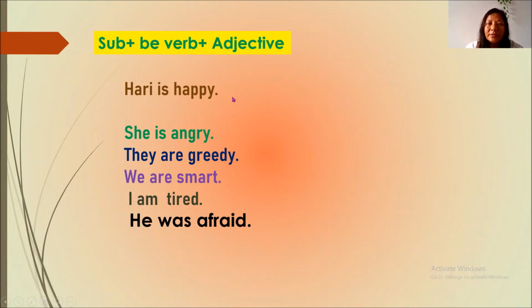So happy is an adjective and it tells about Hari. You will learn separately about adjectives later. Just now, try to make a sentence in this structure: subject plus verb plus adjective. For example, he is slow. He is the subject, is is the verb, and slow is the adjective.